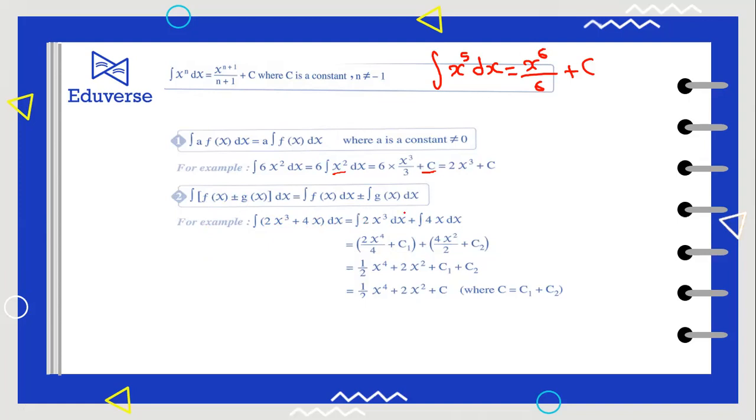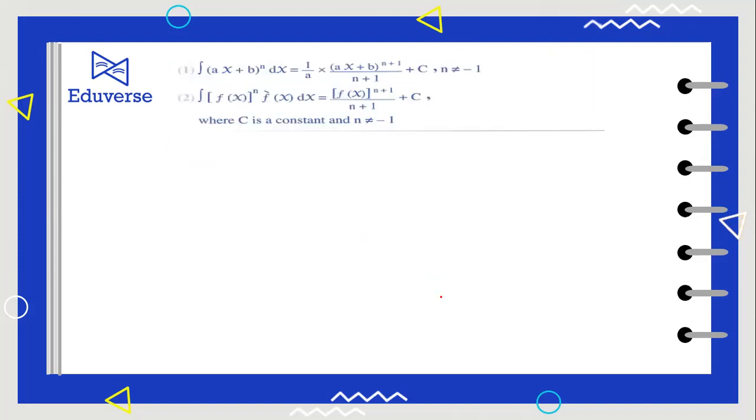Firstly, 2x power 3, adding 1 to the power and dividing by the new one, it will be half x power 4. Similarly for the second part, it will be 2x squared. You have half x power 4 plus 2x squared. I have two constants from the two operations. I can put them as one constant, okay?